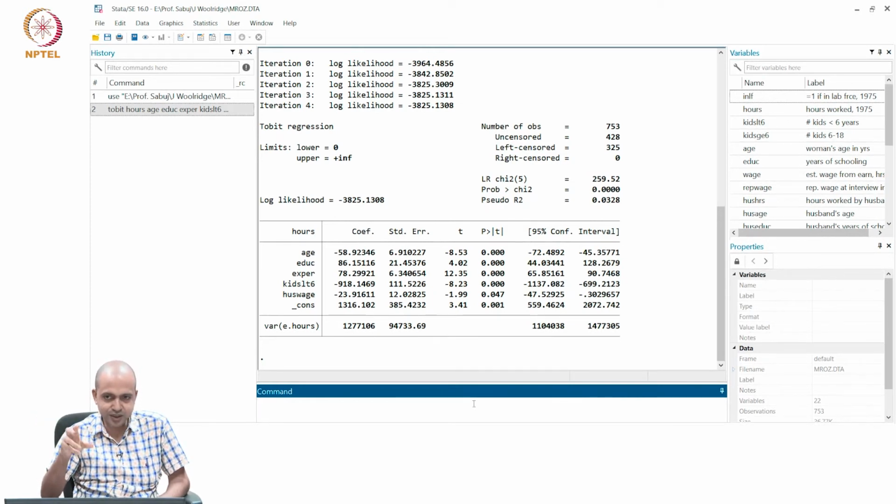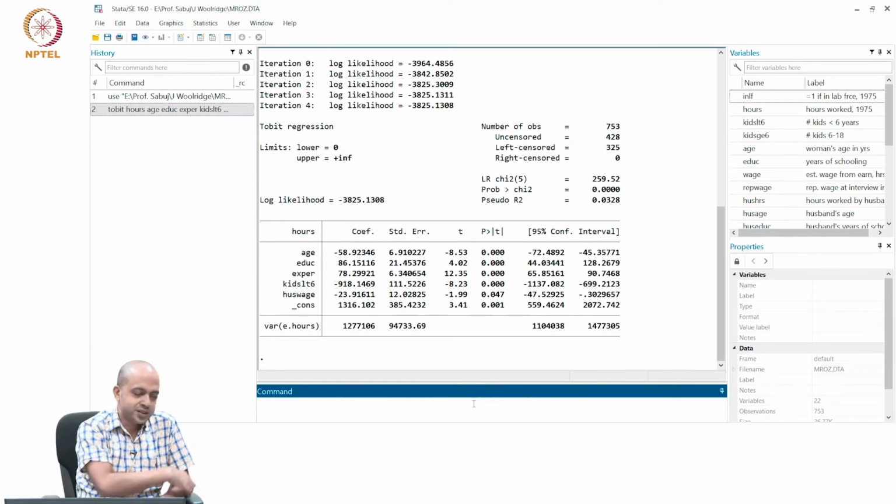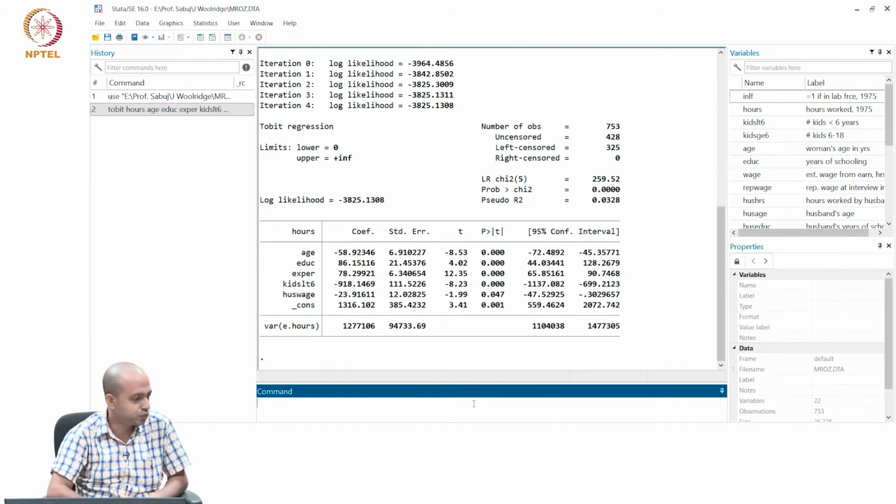Combining these two, we formulated the likelihood function, and we need to maximize it with respect to the parameters, which were alpha, beta and sigma square. If you do so, the same likelihood estimation method will give you this type of output.